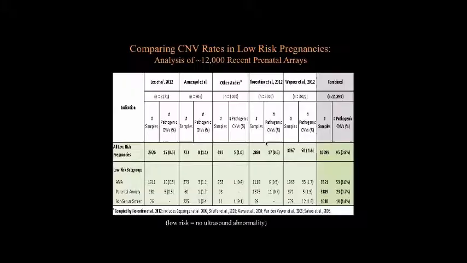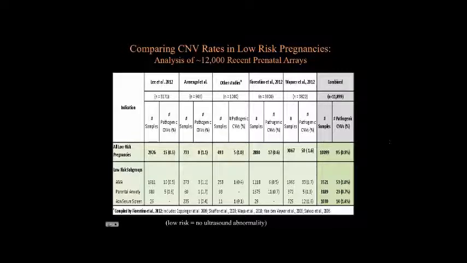So in order to answer this, I have taken all the studies that have been published recently that had more than 1,000 cases. And this includes around 12,000 cases reported in the literature in which patients had prenatal diagnosis, in which the fetus was structurally normal, and they had a microarray performed.